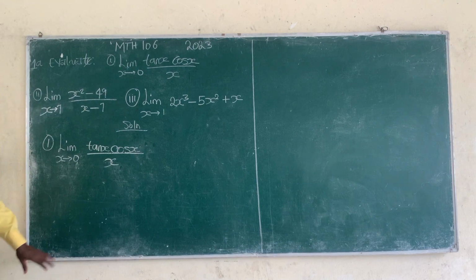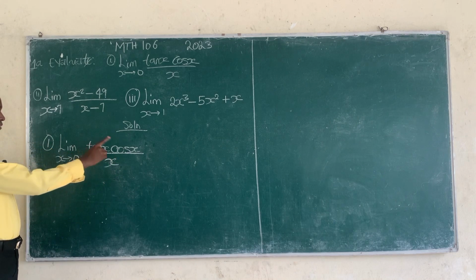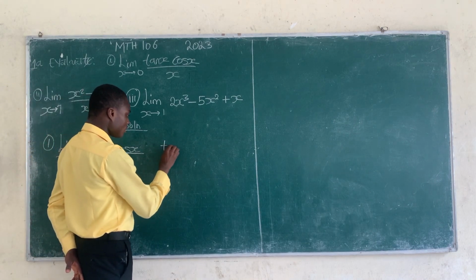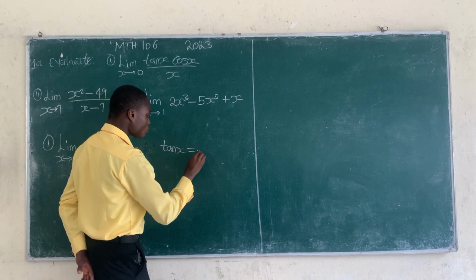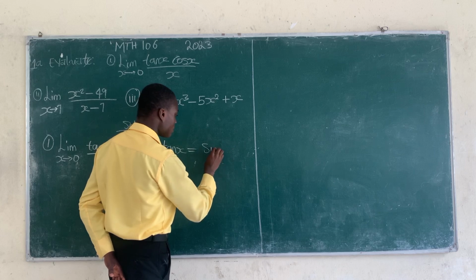So what we are going to do is rearrange the limit, because we know that tan x is equal to sine x over cos x.